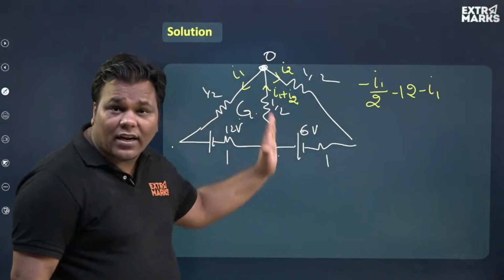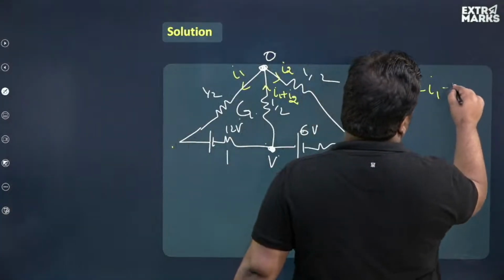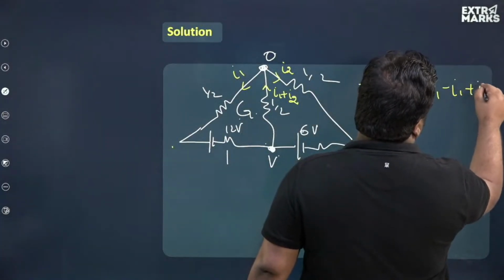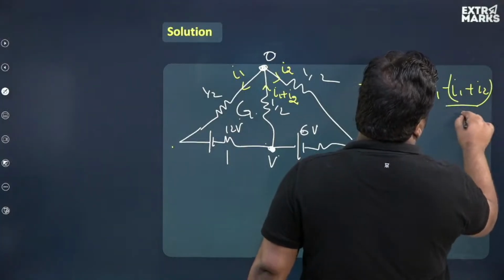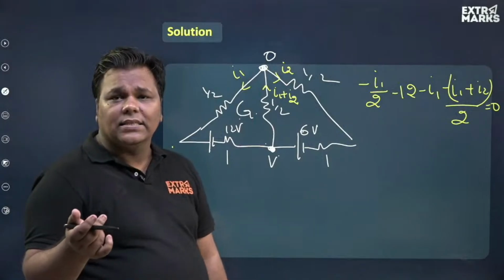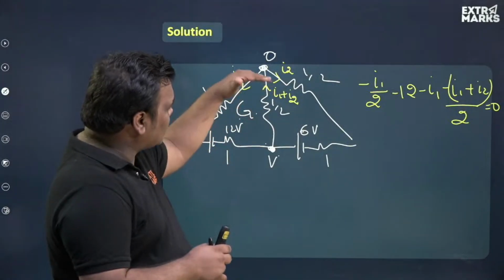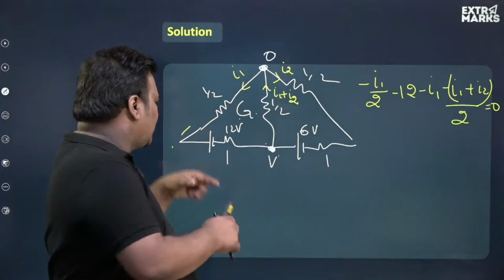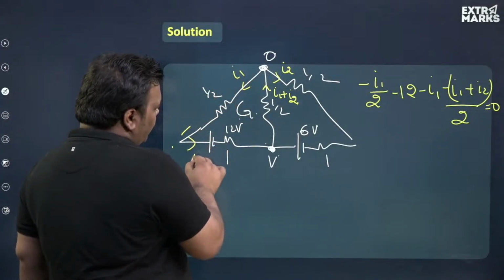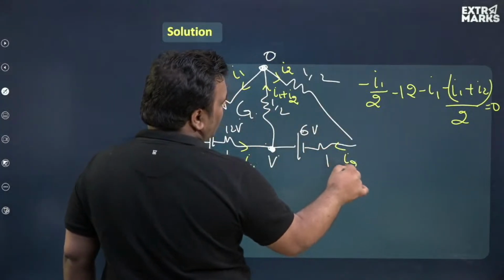Again minus (I1 plus I2) divided by 2. The answer is 0. Very good. I simply assume it I1, so this I1 will move like that. Same, this I2 will move like that.